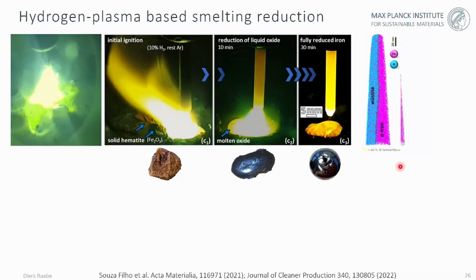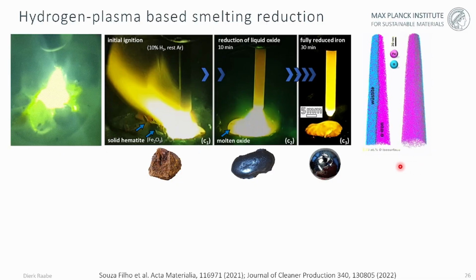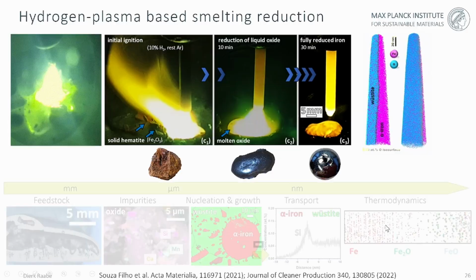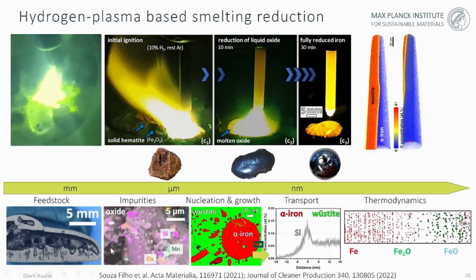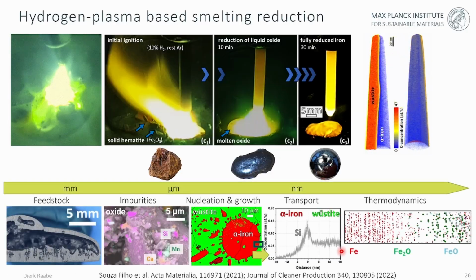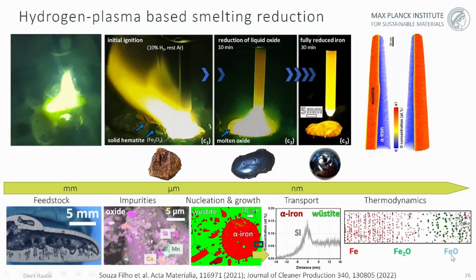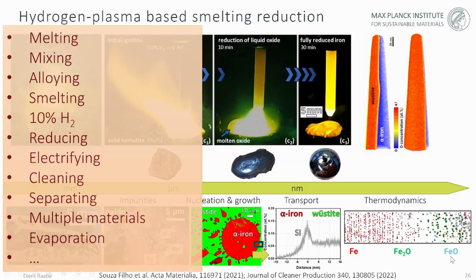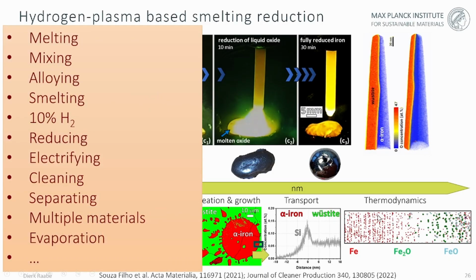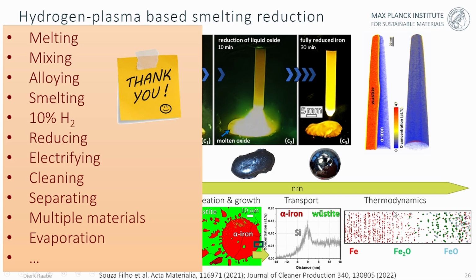The process also, as we have even shown down to the atomic scale, cleans up the material and allows you to extract pure metals, as we have shown across the different scales. Again, the details can be found in this paper. And with that, I stop here and thank you very much for your kind interest in hydrogen-based plasma reduction from ores and from industry waste.